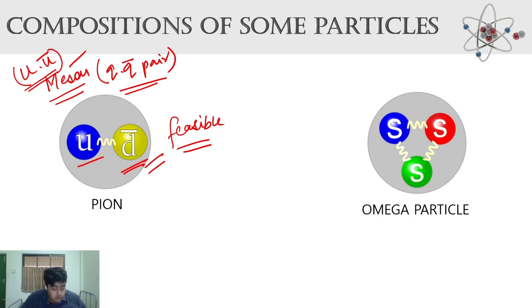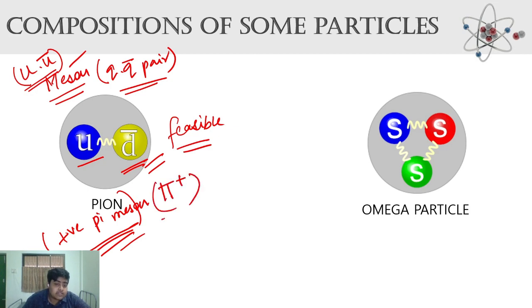So we have a pion, a positive pi meson, also denoted by pi plus. This was discussed while discussing the history of particle physics.